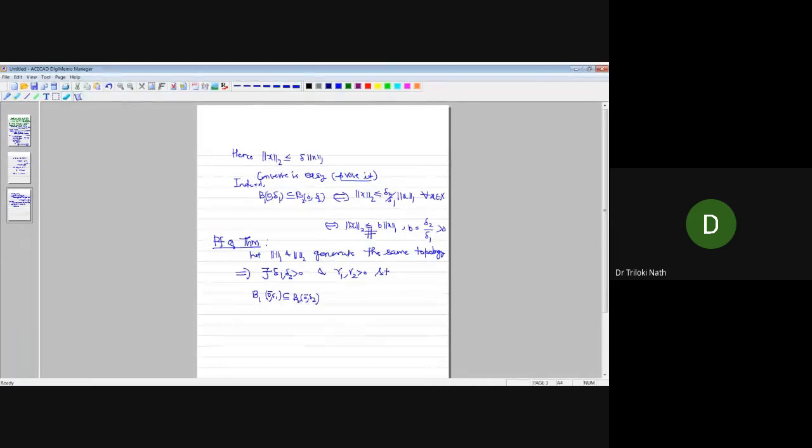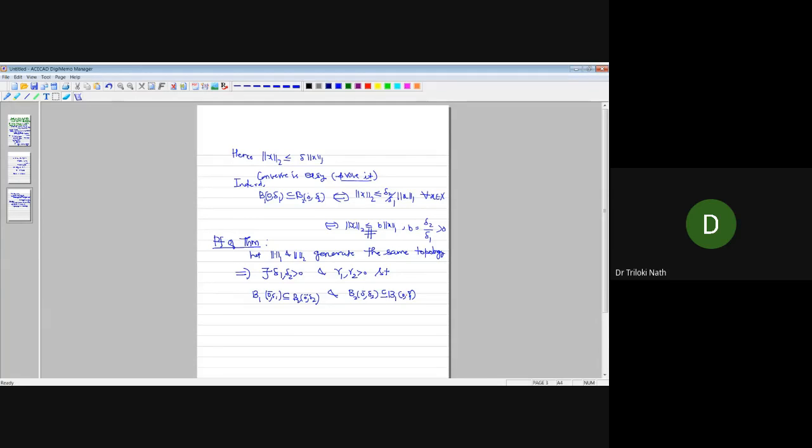In fact, every open ball in norm 1 is also open in norm 2, and every open ball in norm 2 is also some open ball in norm 1.